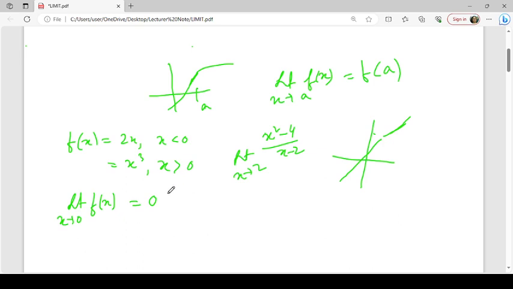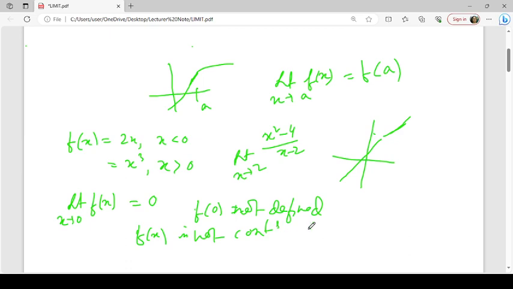Here f(x) is defined only for x less than 0 and x greater than 0, but f(0) is not defined. For x equal to 0 there is no value. So the function f(x) is not continuous at x equal to 0.